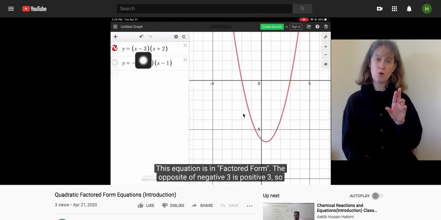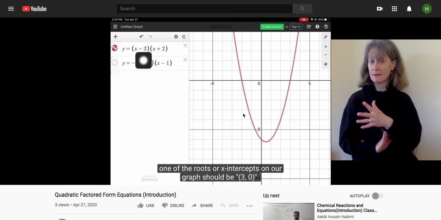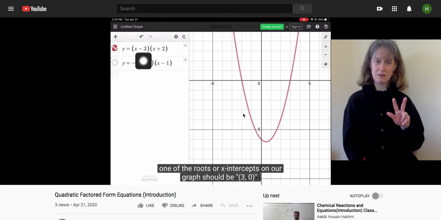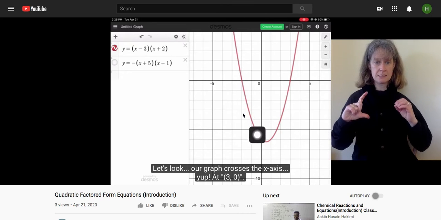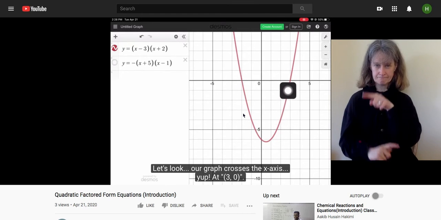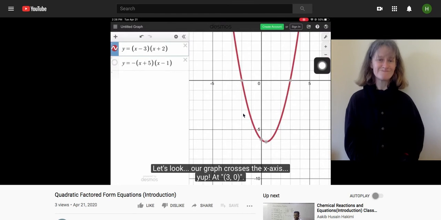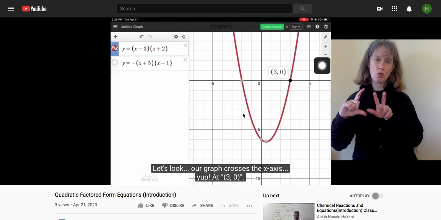The opposite of negative 3 is positive 3. So one of the roots or x-intercepts on our graph should be 3, 0. Let's look. Our graph crosses the x-axis at 3, 0.